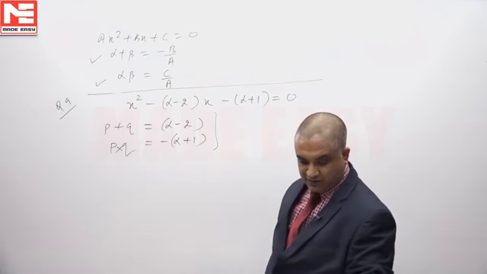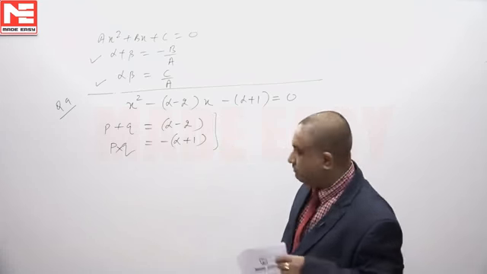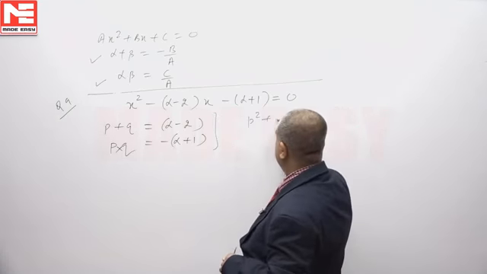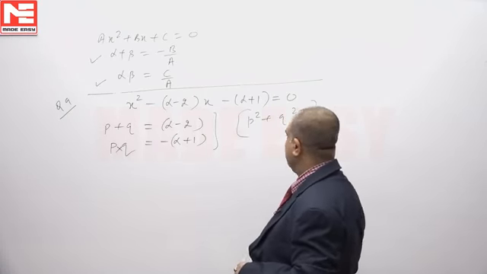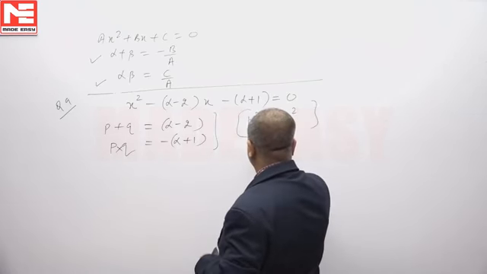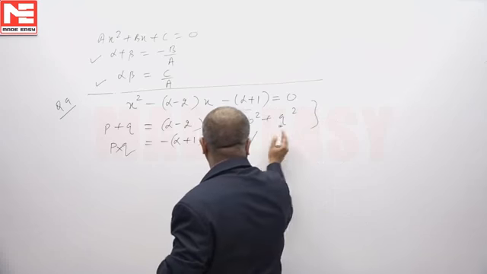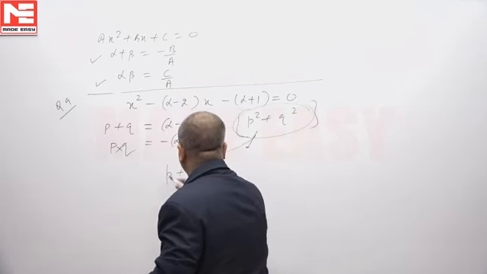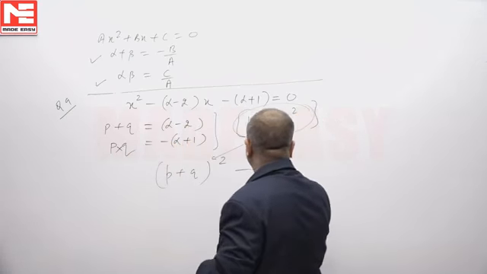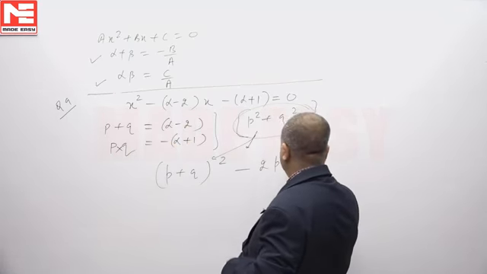Now what we need to evaluate is the minimum possible value of p square plus q square. We need to minimize this value. We know p square plus q square can be written as (p plus q) whole square minus 2pq.